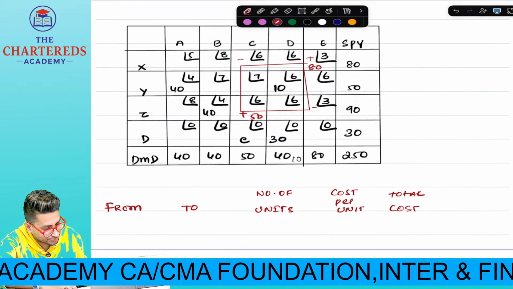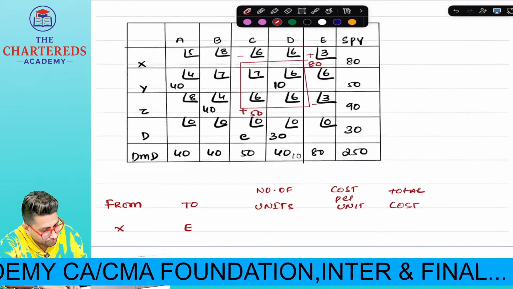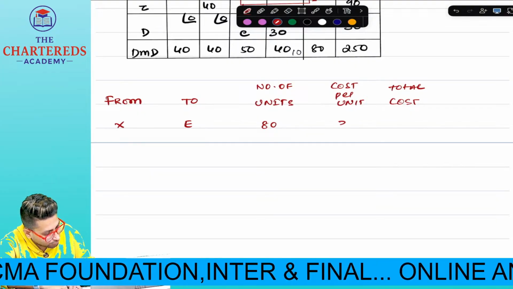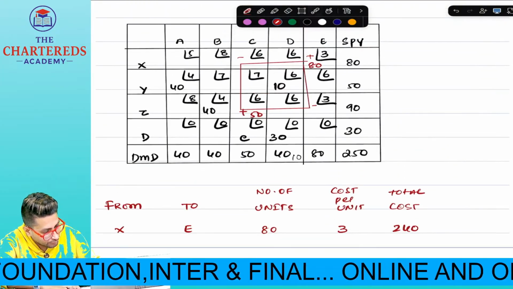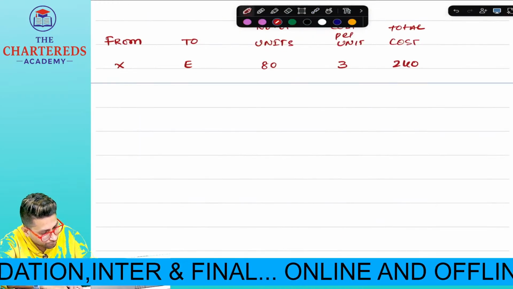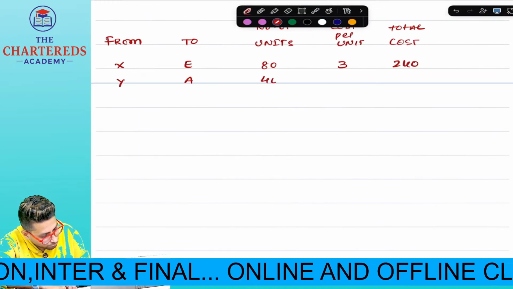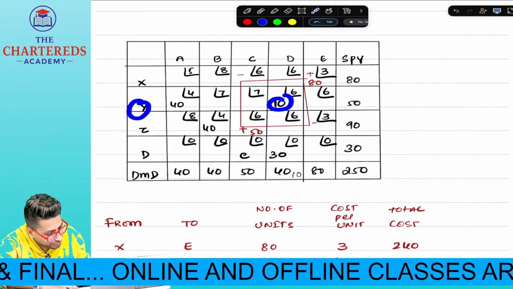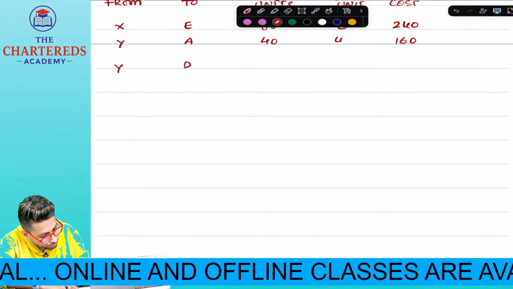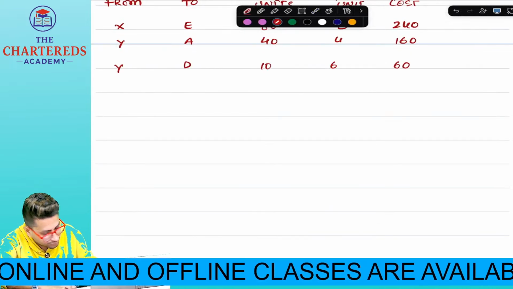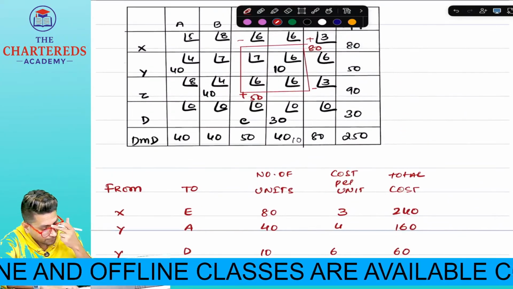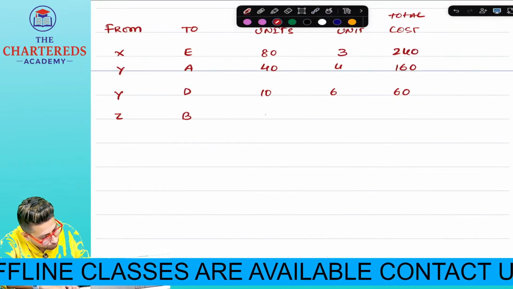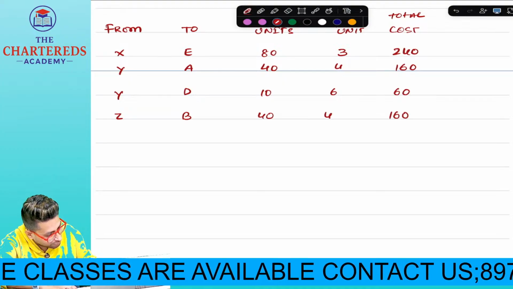Now from X to E. How many units? 80 into 3. 240. From Y to A, 40 units into 4. 160. Then Y to D, 10 into 6 how much? 60. Next, Z to B, 40 into 4, how much? 160.